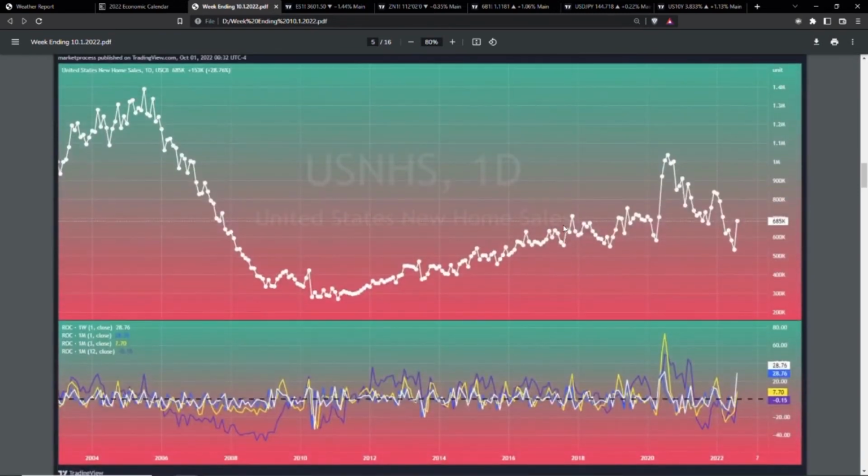We have new home sales pushing up big in the last report. In the last month we are up 28.76%. Last quarter a 7% or almost 8% increase, and over 12 months we are down 15 basis points.